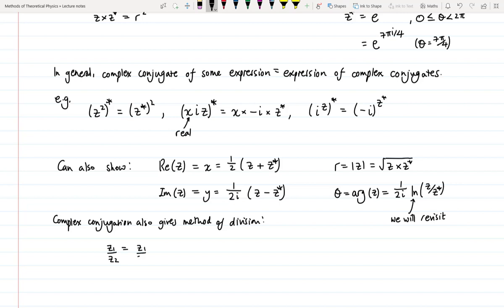What we can do is multiply this by z2 star over z2 star, because this fraction evaluates to 1. But crucially, on the denominator, we now have z2 times its complex conjugate, which is a real number. So carrying on, we now have z1 times z2 star over the modulus of z2 squared.